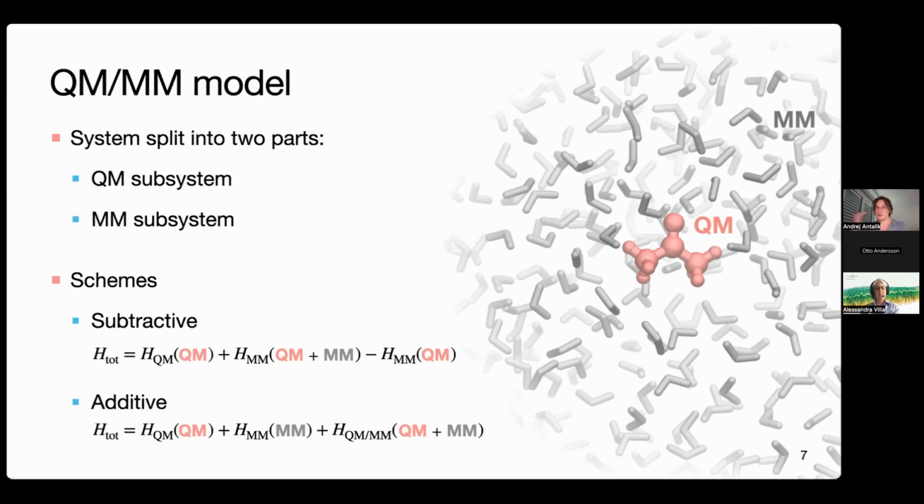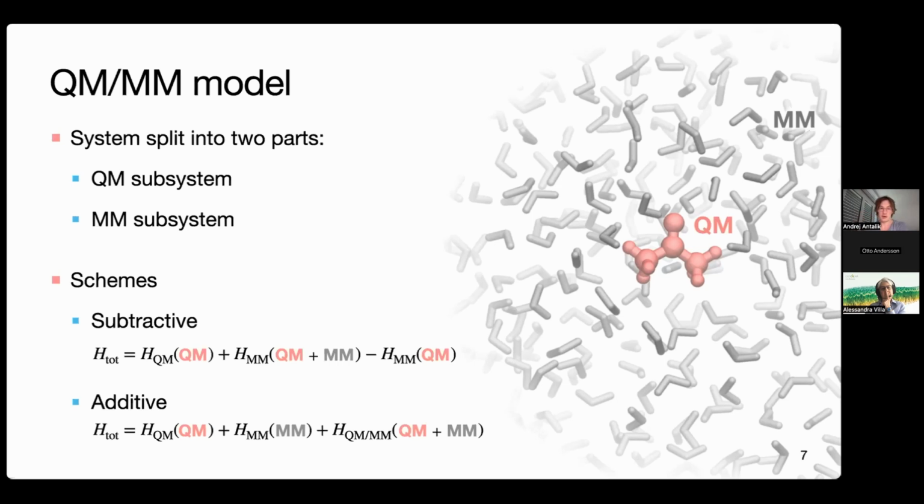One is the so-called subtractive scheme, where you compute the contributions to forces and energies at the QM level of the QM subsystem only. Then you evaluate MM forces and energies of the entire system, including the QM subsystem, and then you subtract the contributions of the QM subsystem at the MM level only to avoid double counting.